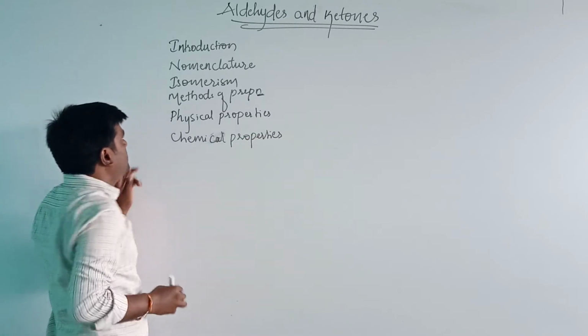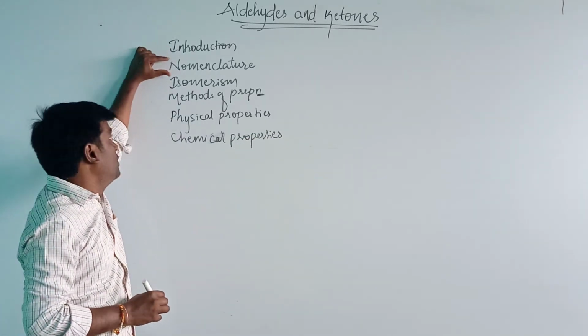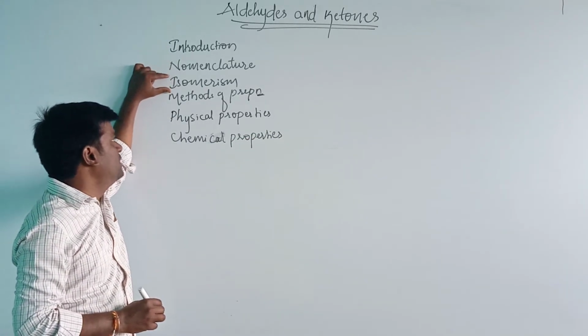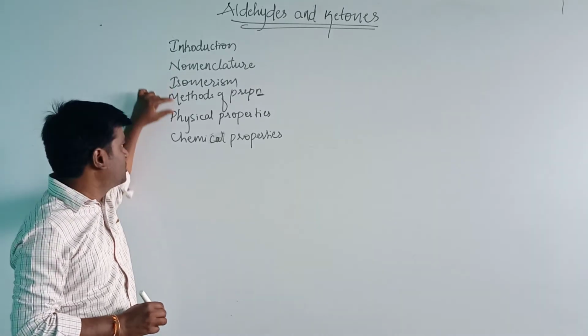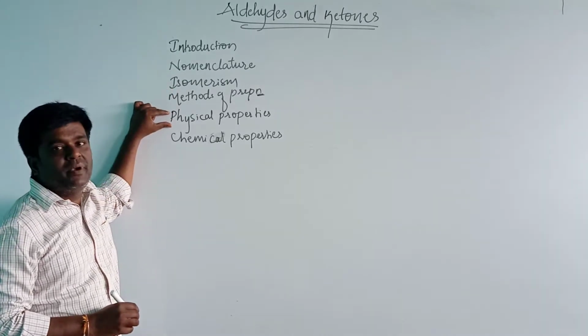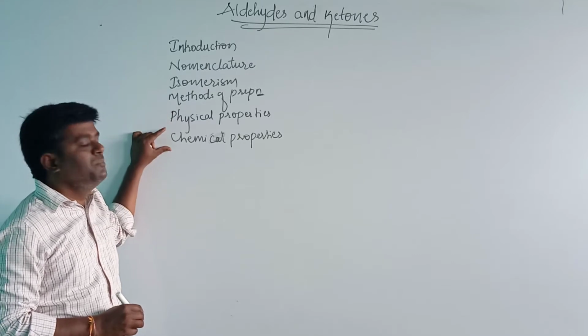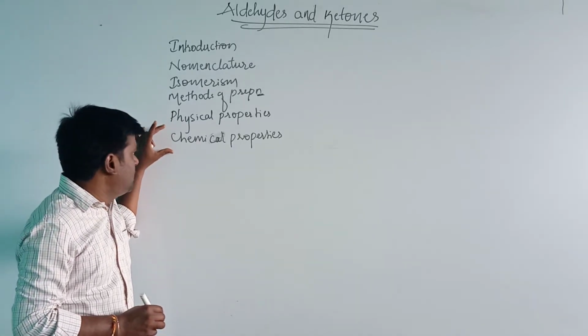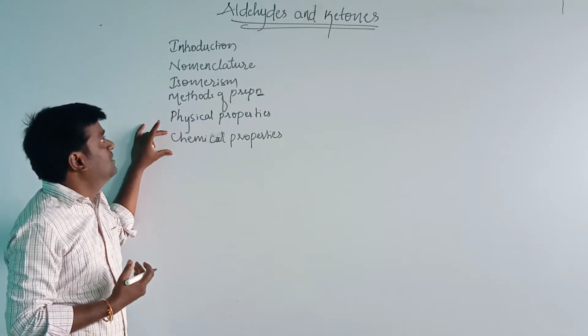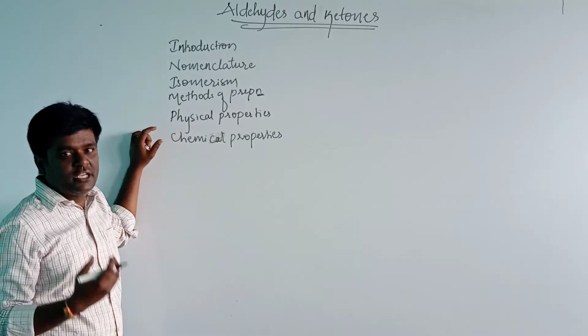We have completed introduction, nomenclature, isomerism, methods of preparation, physical properties, and half completion of chemical properties. So let us see once again the introduction for the aldehydes and ketones.